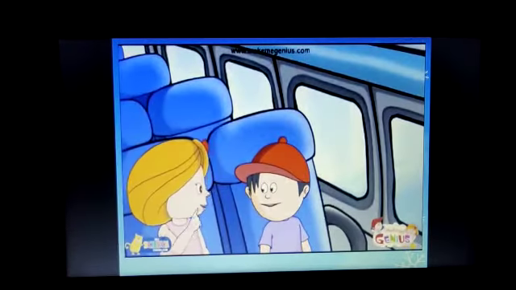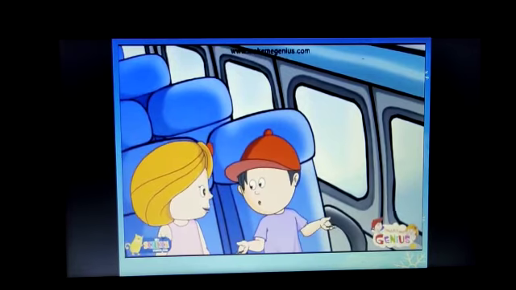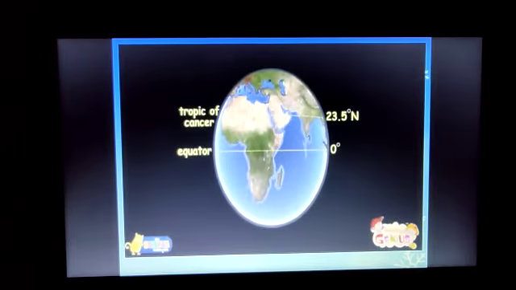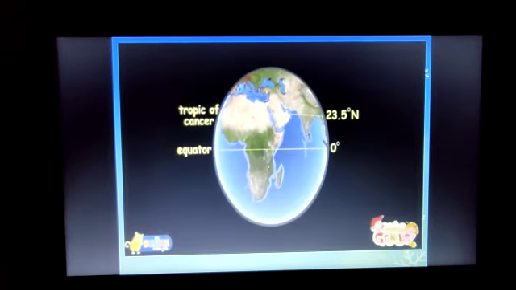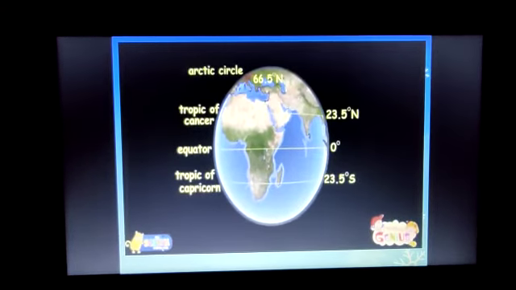You are absolutely right. And do you know at what degree they lie? No. Tropic of Cancer is 23.5 degrees north of the equator and Arctic Circle is 66.5 degrees north of the equator. Tropic of Capricorn is 23.5 degrees south of the equator and Antarctic Circle is 66.5 degrees south of the equator.